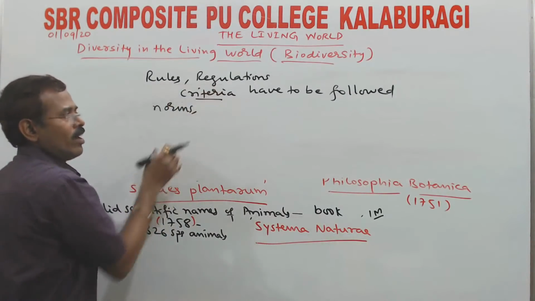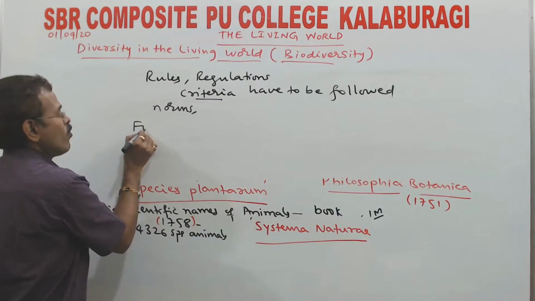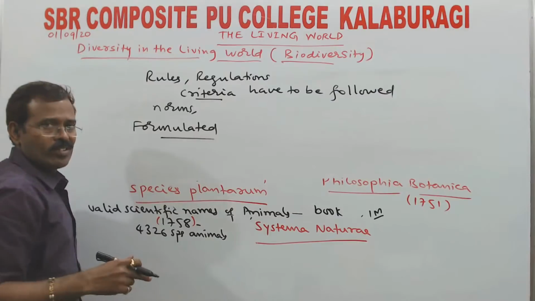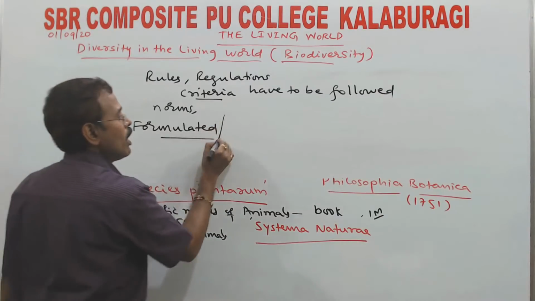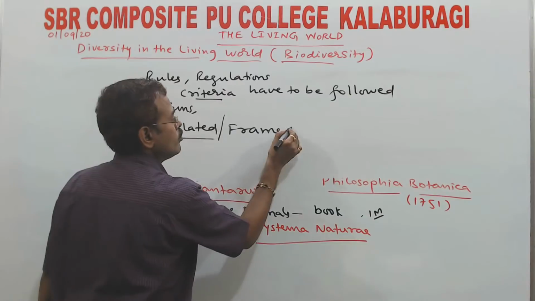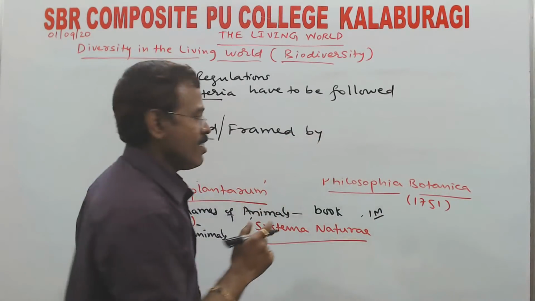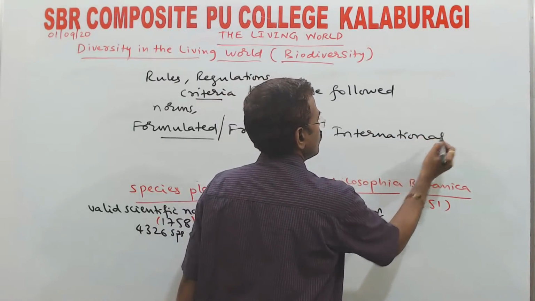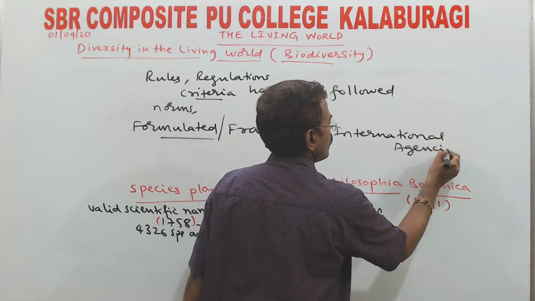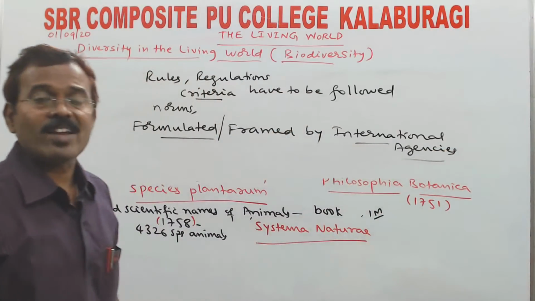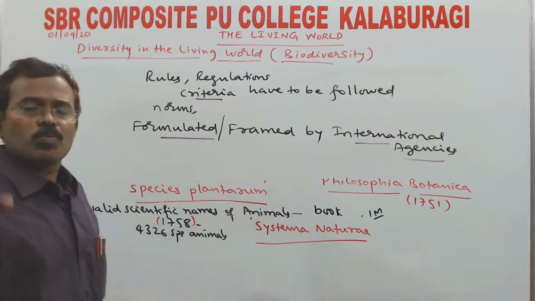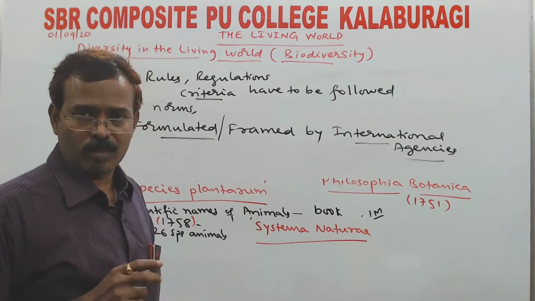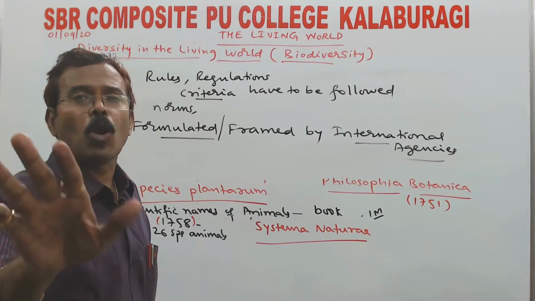These rules, regulations, criteria, norms have been formulated or framed by international agencies. They will give specific rules and guidelines on how we have to scientifically name an organism as per binomial nomenclature.